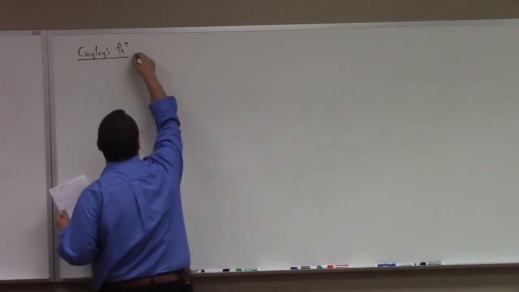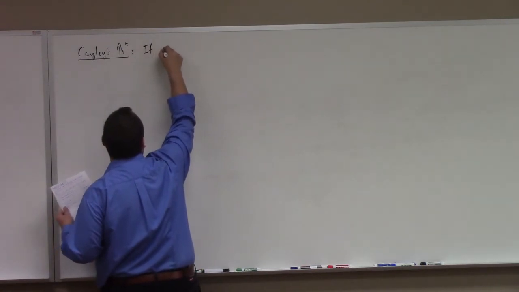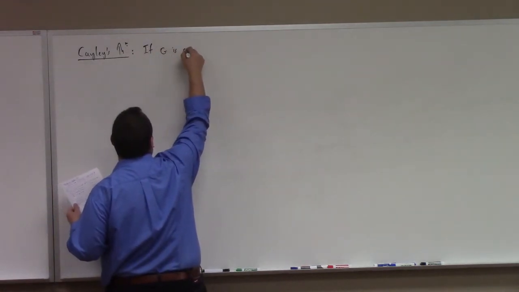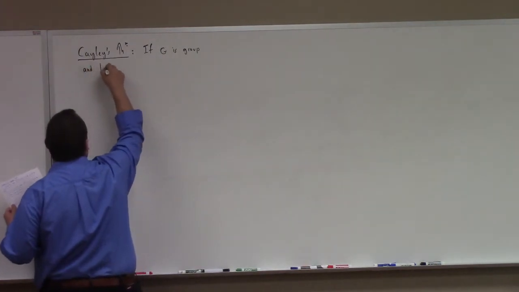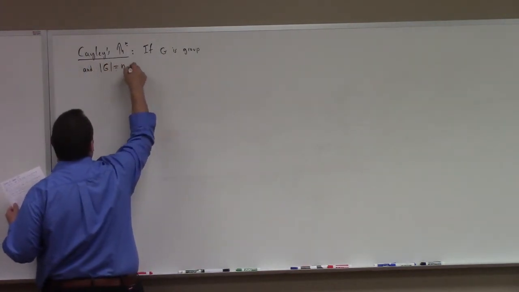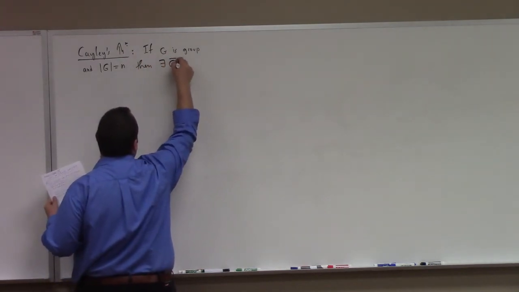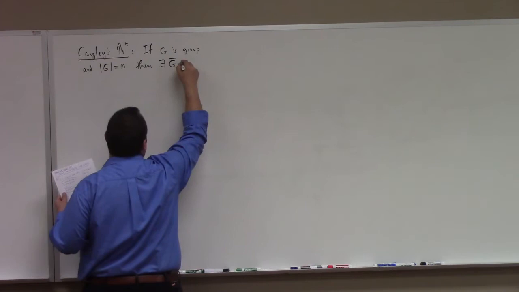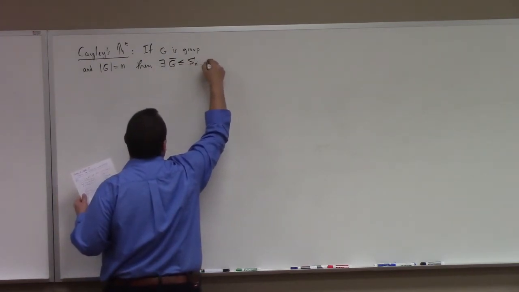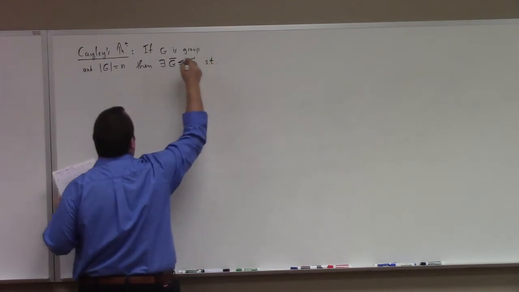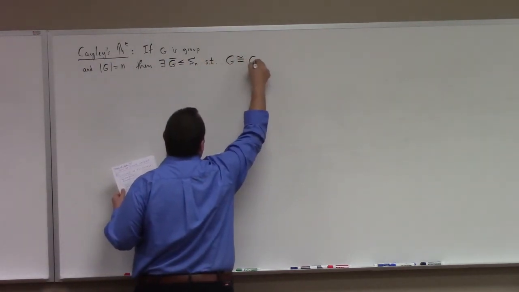It says this: if you've got a group G and the order of G is equal to n, then there exists G bar, which is a subgroup of S_n, the symmetric group of order n, such that G is isomorphic to G bar.